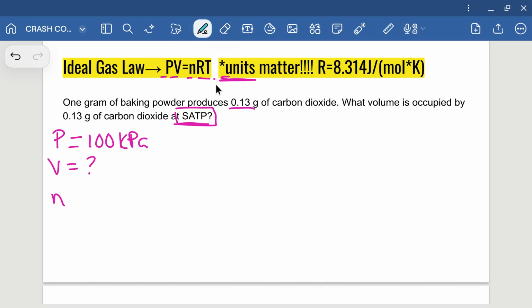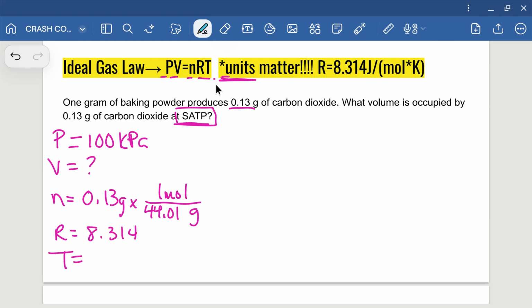The moles we'll be able to figure out because we know how to go from grams to moles using the mole ratio. So there are 44.01 grams per 1 mole of carbon dioxide. We know the R value is that constant, 8.314, and we know that the temperature at SATP will be 25 degrees, and you have to add that to 273.15.